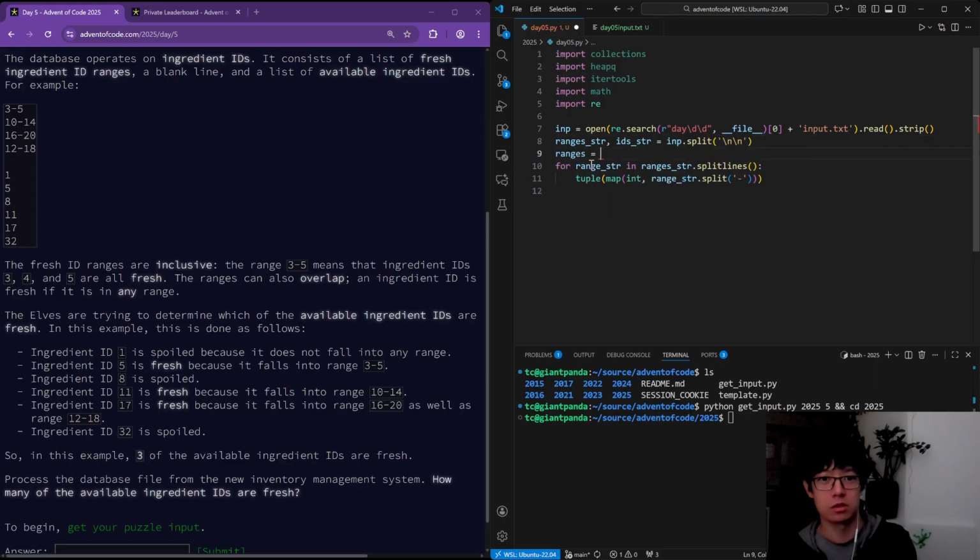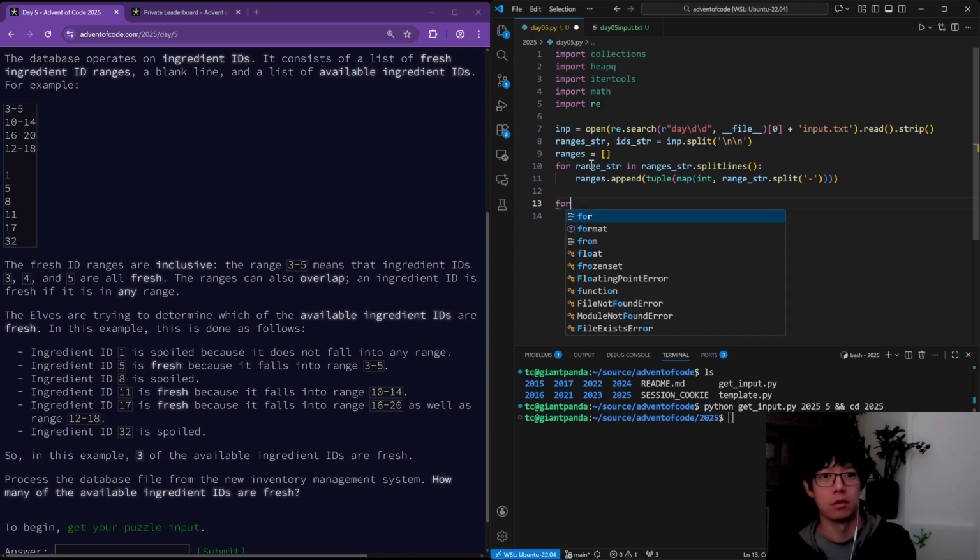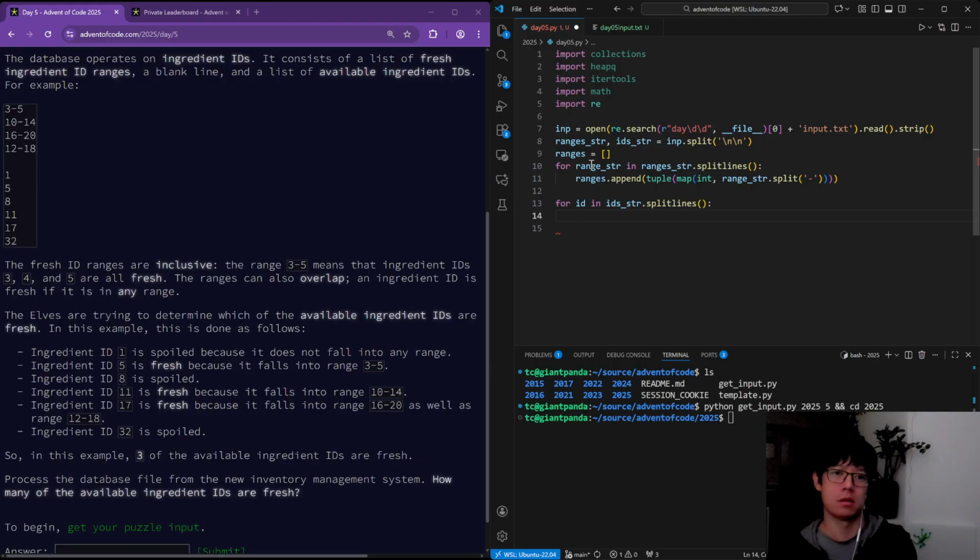Set ranges. Then I feel bad about using ID because it's a keyword in Python, but that's okay.